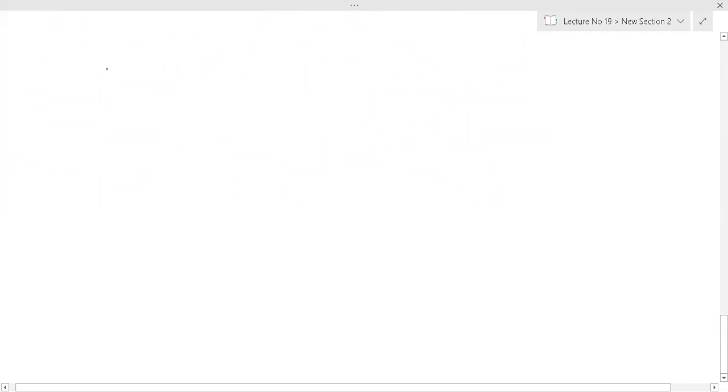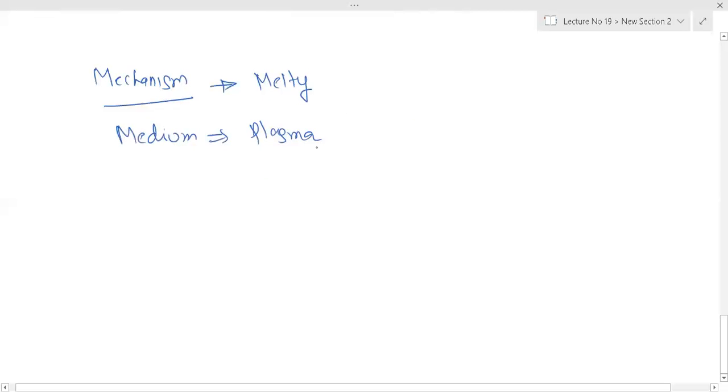Basically you see here also, the mechanism is simple, that is melting, right? And what is the medium? The medium is your plasma.